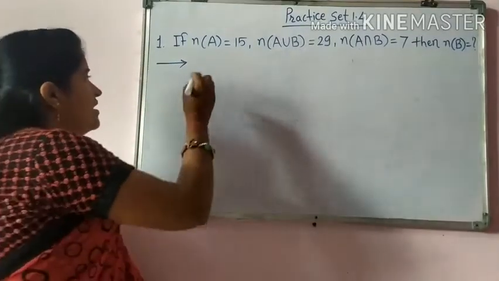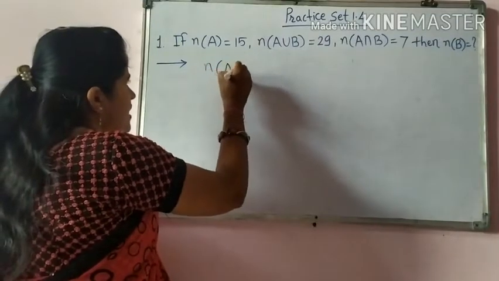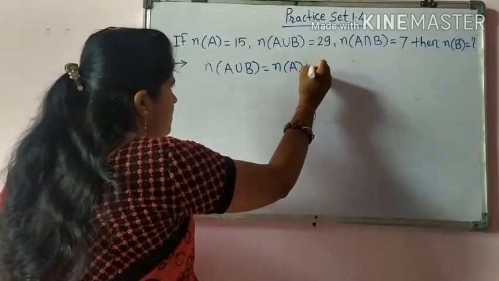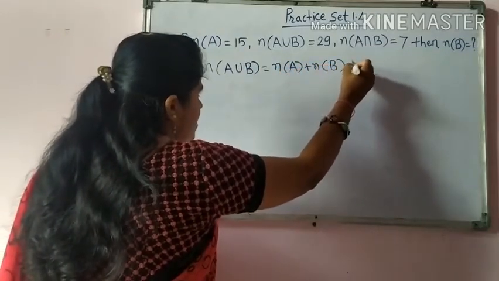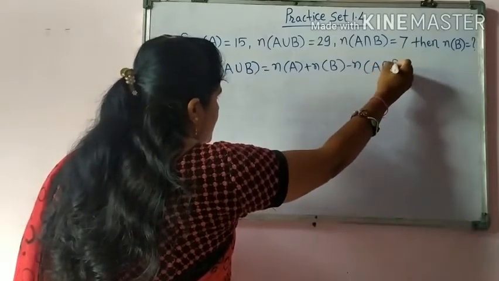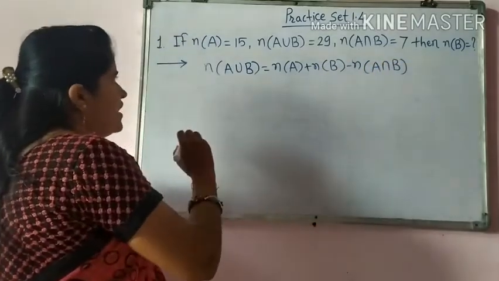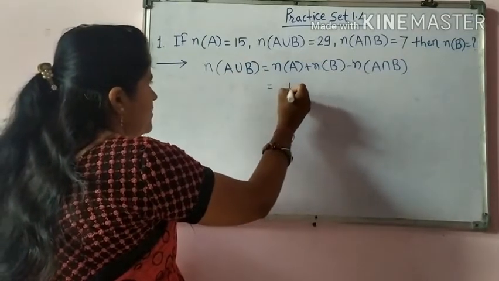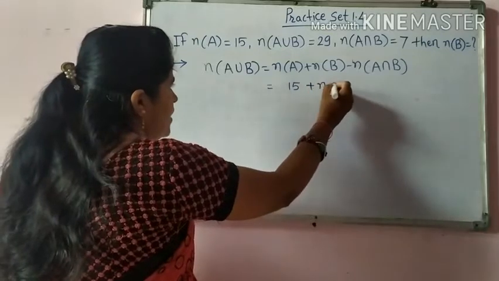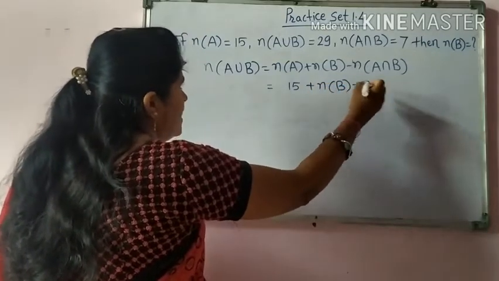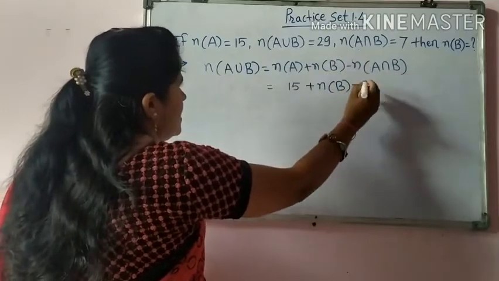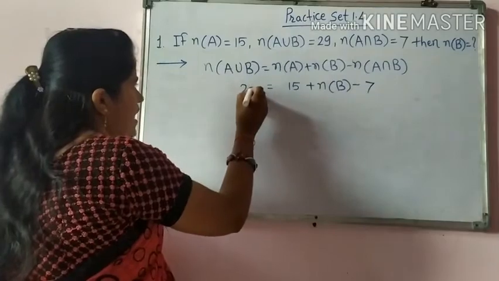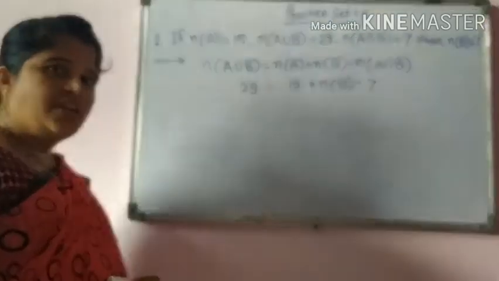Now we know that n of A union B is equal to n of A plus n of B minus n of A intersection B. So now here substituting the values of n of A is equal to 15, n of B we are going to find, minus n of A intersection B, that is 7, and value of n of A union B, number of elements, that is given as 29.